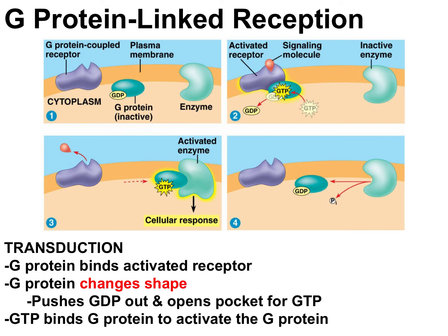Transduction can be considered to start the moment the G-protein binds the activated receptor. And you can see here when the G-protein binds to the receptor, a change in shape of the G-protein is triggered. This shape change pushes off GDP and creates a spot for GTP. And then once GTP binds to it, the G-protein is considered activated.